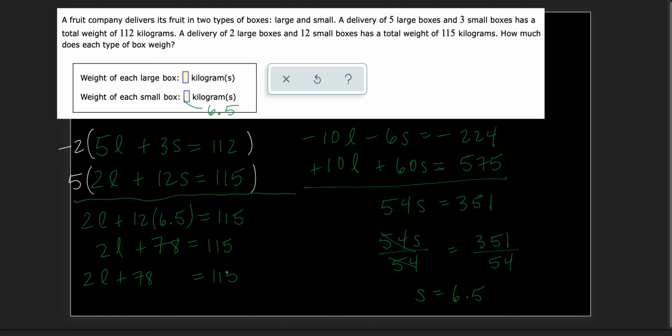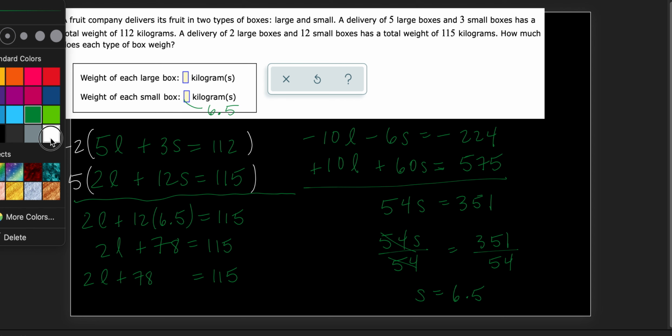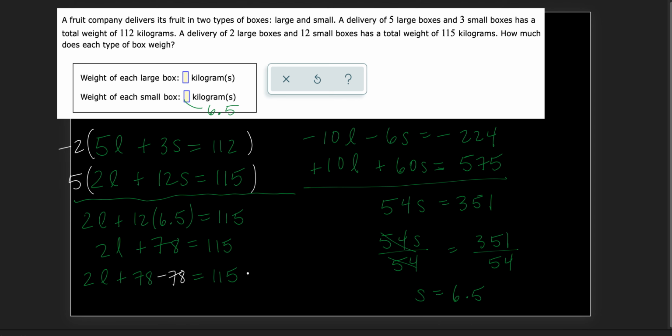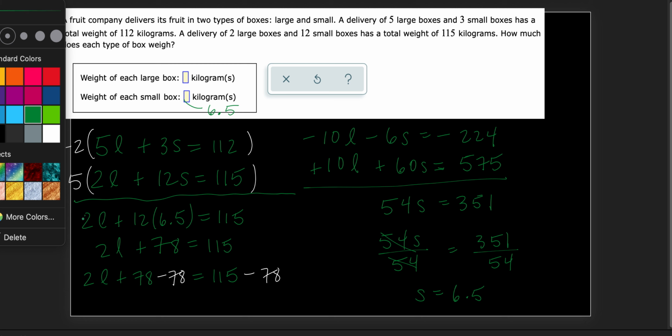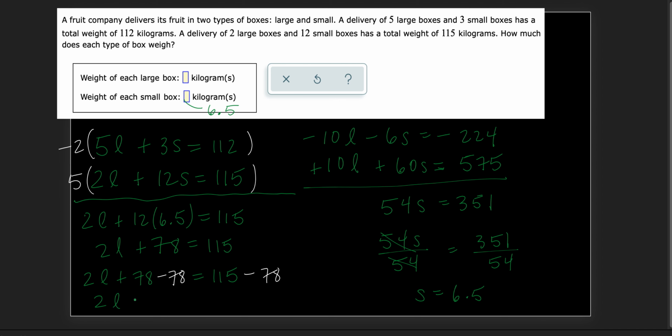So I'll end up subtracting 78 from both sides. So 115 minus 78 is 37. So basically 37 divided by 2 will give me L, and that's 18.5.